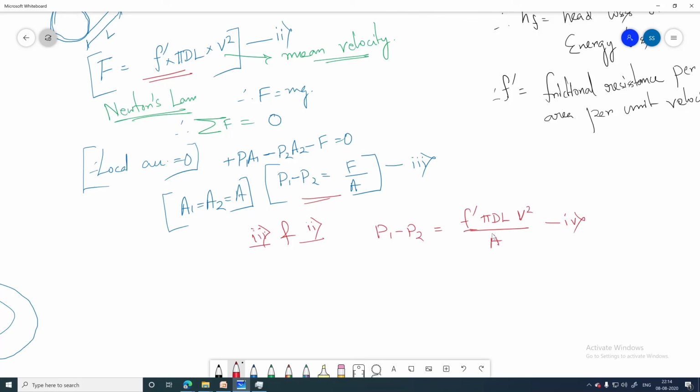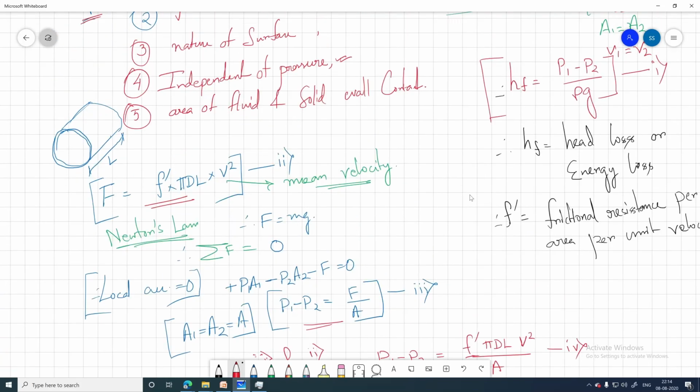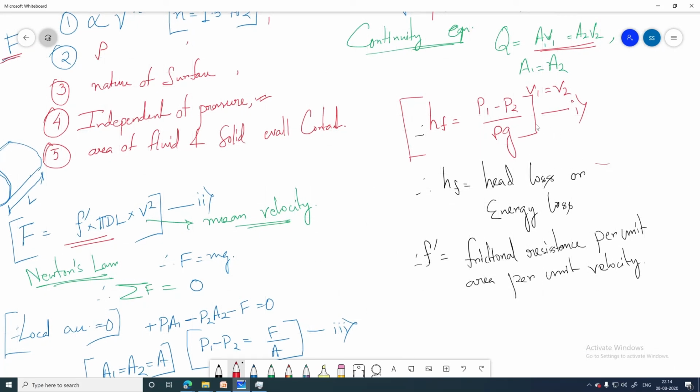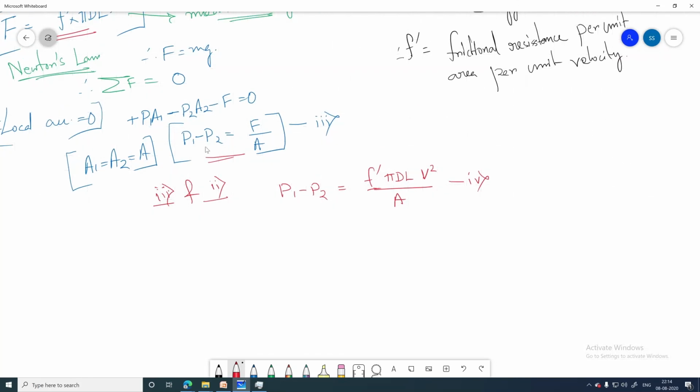Now from equation number 4 and equation number 1, you can see the HF value, that means the head loss, is nothing but P1 minus P2 by rho g, very simple. So we just divide this value on both sides by rho g to get the value of HF. Dividing both sides by rho g, P1 minus P2 by rho g is nothing but HF equals F dash into pi dl V square by A rho g.